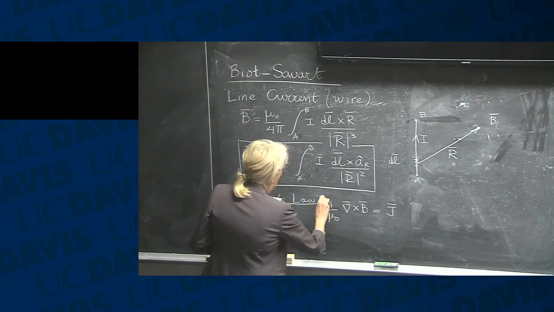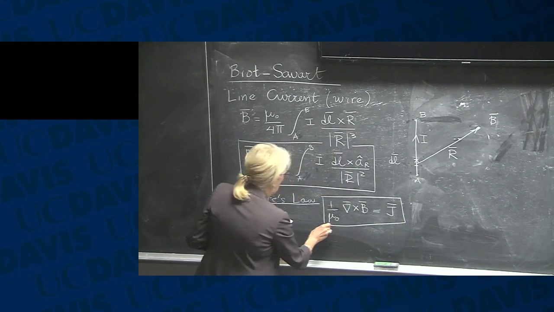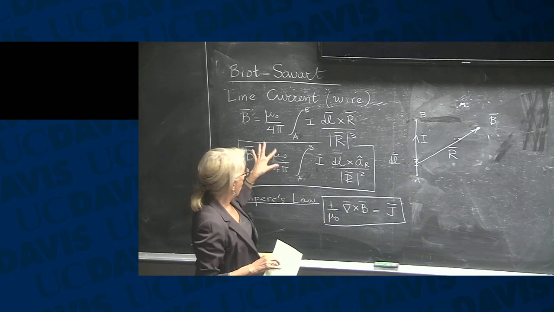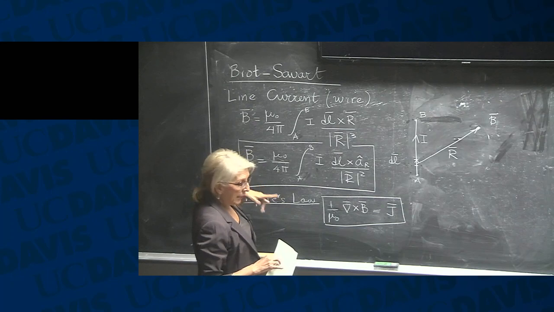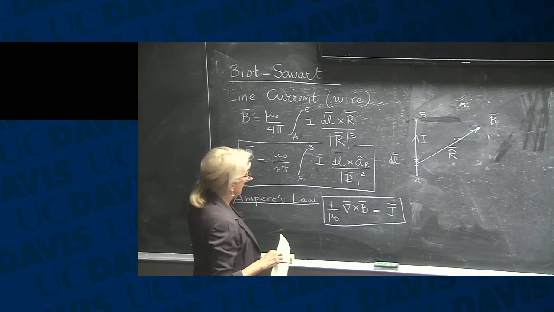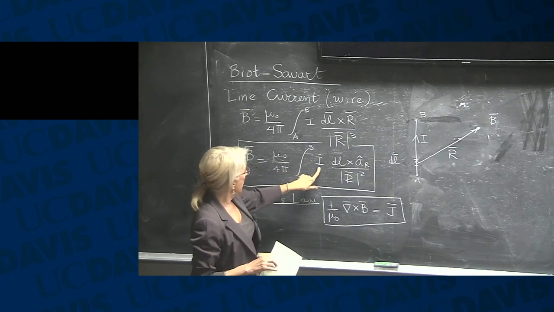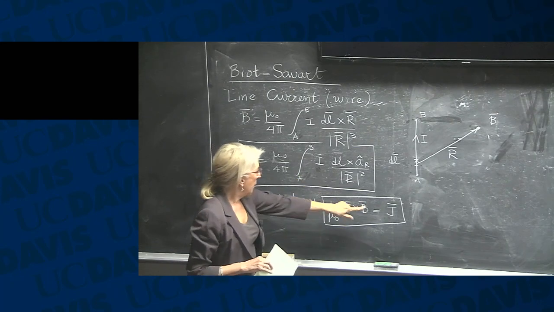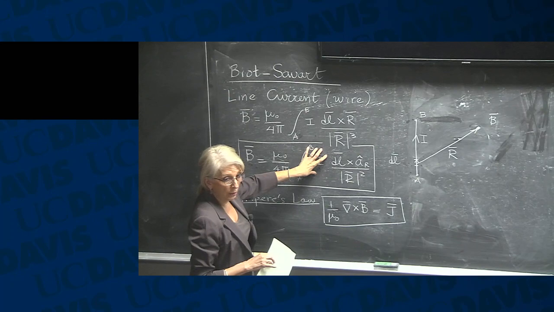That's Ampere's Law. So there are two different relationships now we have written down that relate B, the magnetic field that is generated by a current, I.